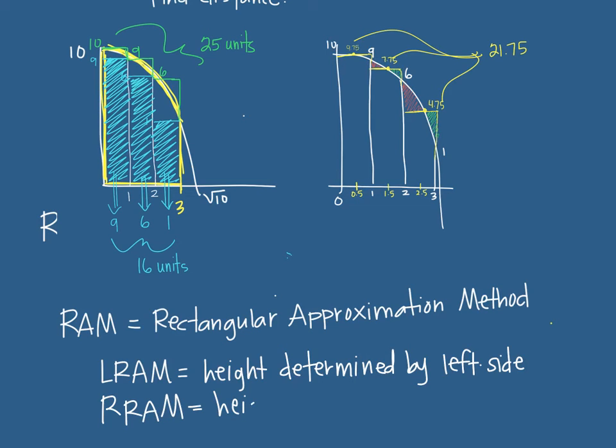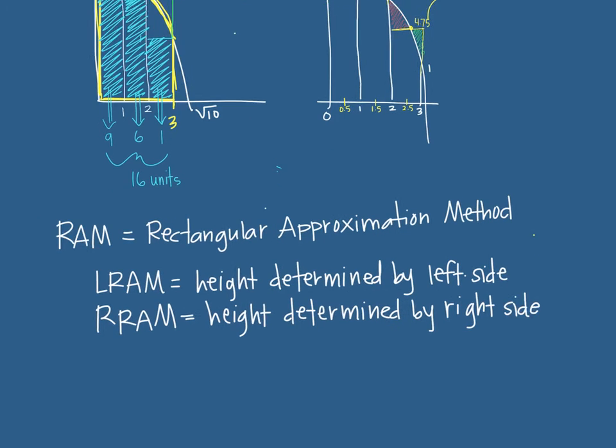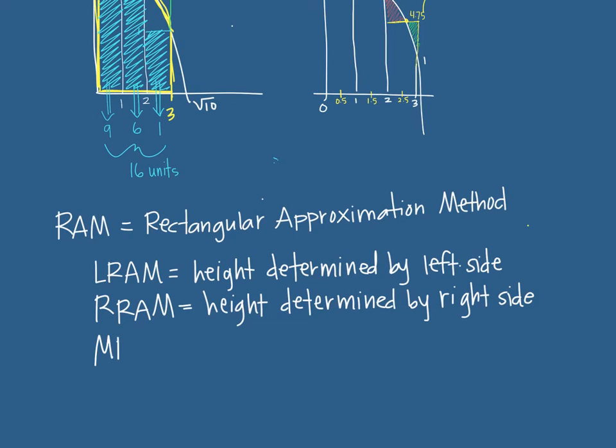There's where the height is determined on the right side, which is what I did in blue. And then finally, you have what's called MRAM, where the height is determined at the midpoint.